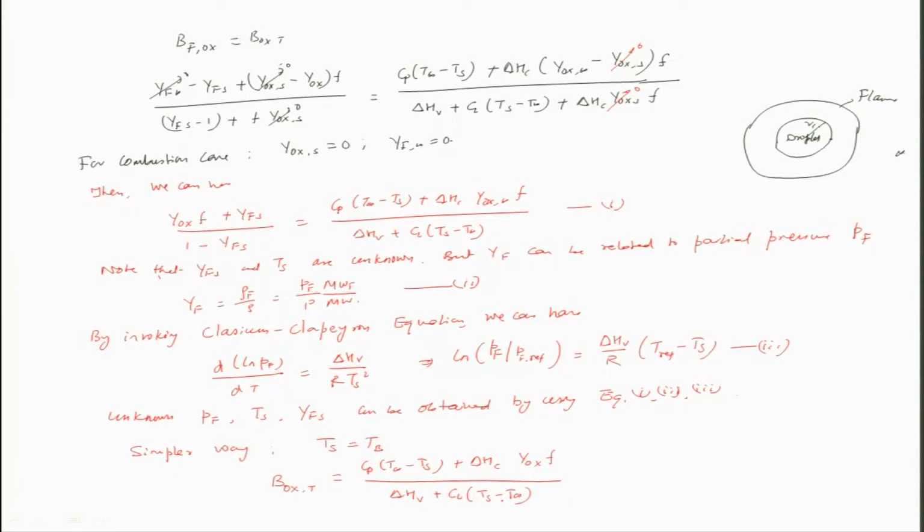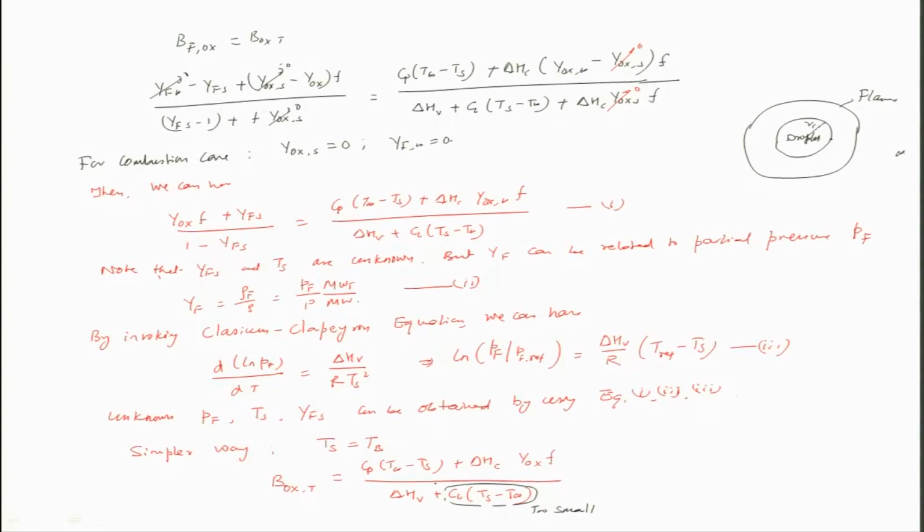So, if you look at this term in the numerator, it is too small compared to delta Hv. So, you can neglect it.